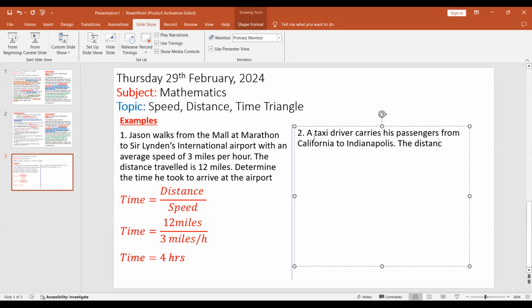The distance he traveled was 120 miles, with an average speed of 60 miles per hour.